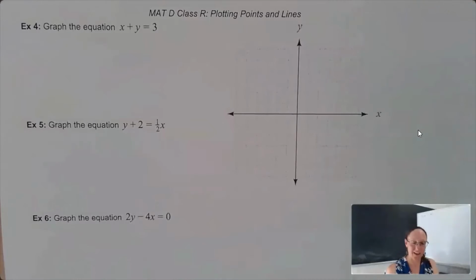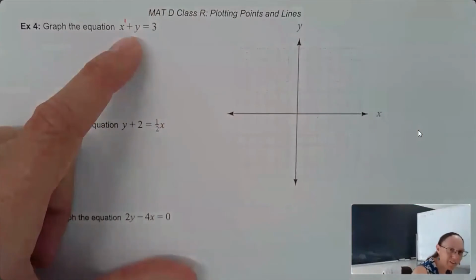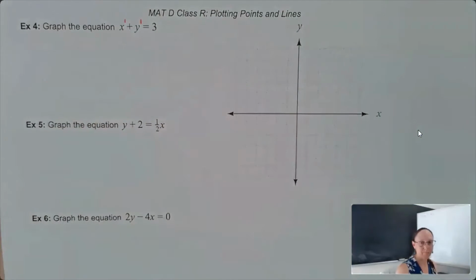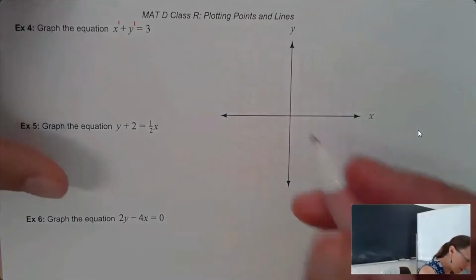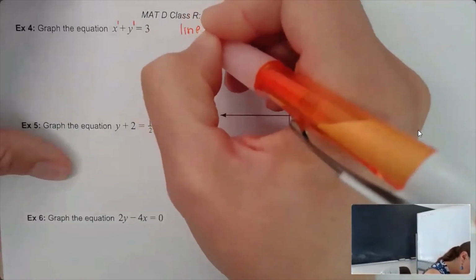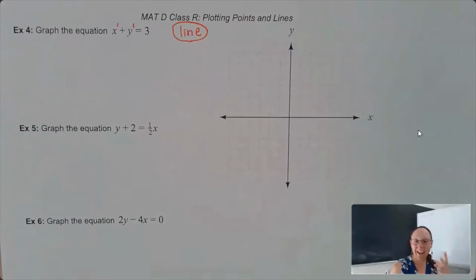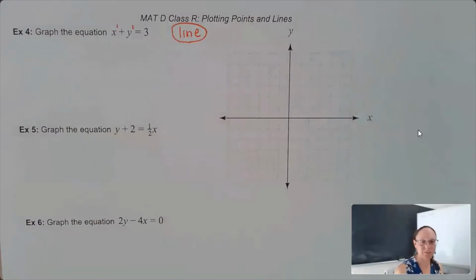In the equation listed for example 4, there's an invisible exponent of 1 on that x and an invisible exponent of 1 on the y. So I know that it's going to be a line. And if I have a line, then any 2 points that satisfy this equation are going to be enough for me to graph it.